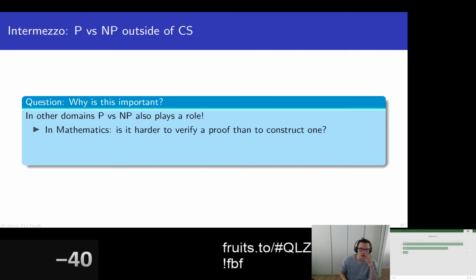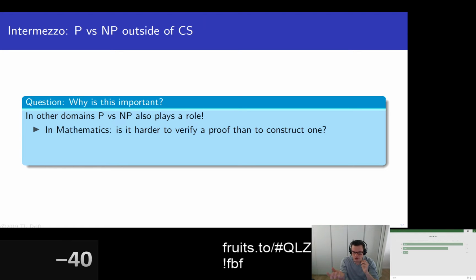But even beyond computer science, I think P versus NP plays a very important role. In mathematics, for example, a well-written proof is easy to verify. You go through it step by step and you see, does this step make sense as the consequence of the previous steps? But constructing a proof is relatively hard.